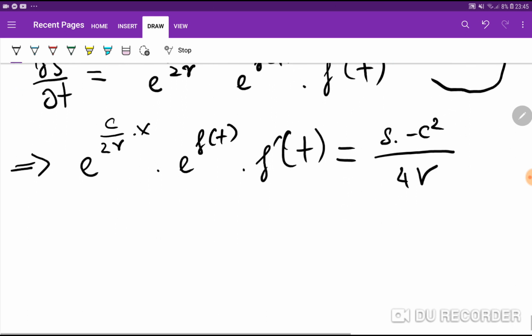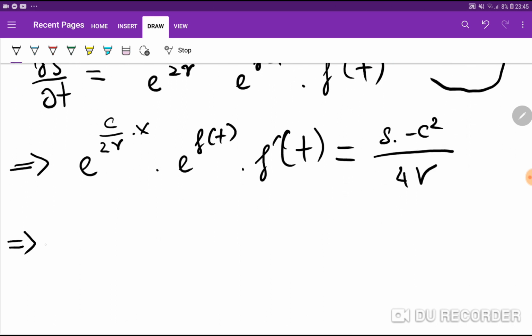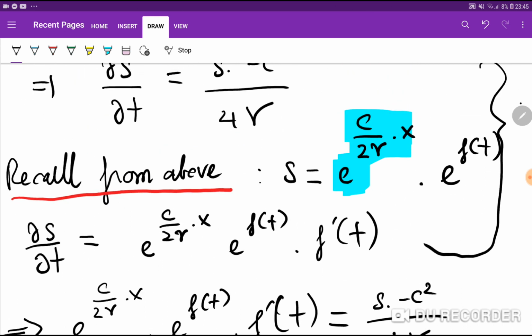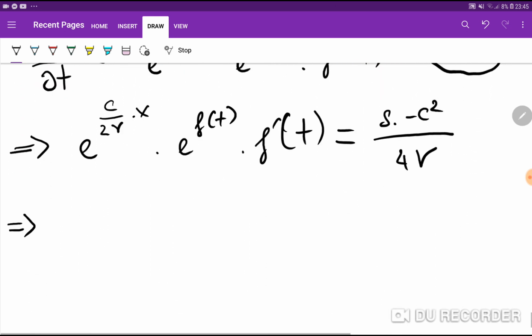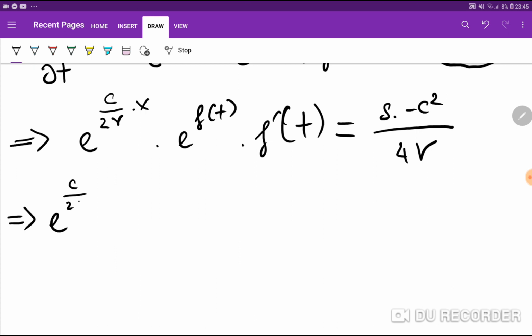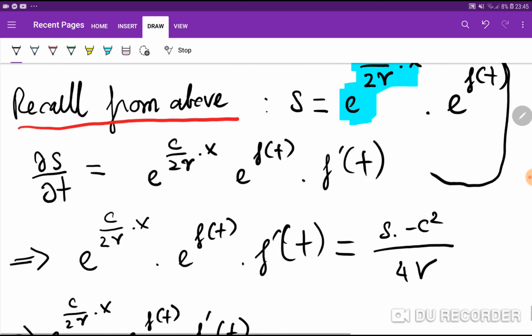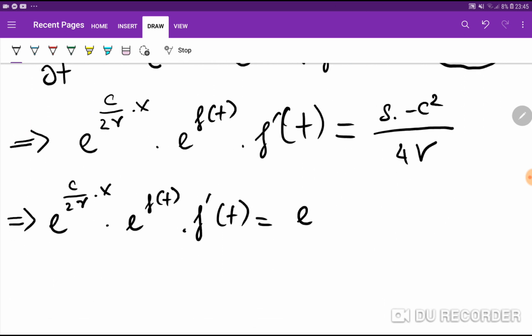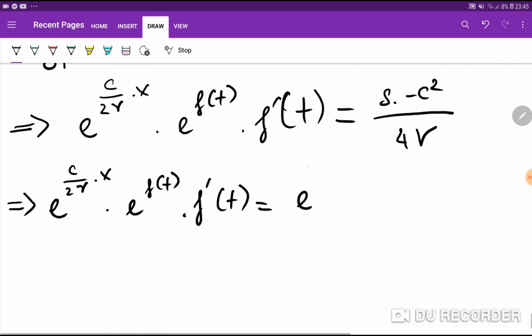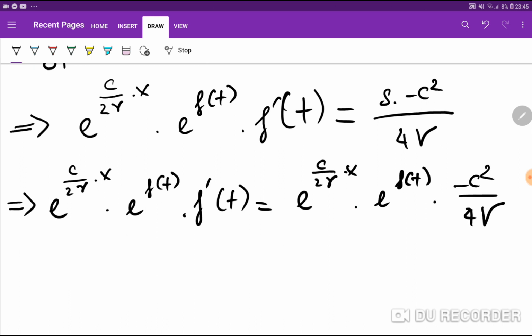What is S? S is these terms, so I substitute one more time: e to the power c over 2 mu times x times e to the power f of t times f prime of t equals e to the power c over 2 mu times x times e to the power f of t times negative c squared over 4 mu. I just replaced S with this term.